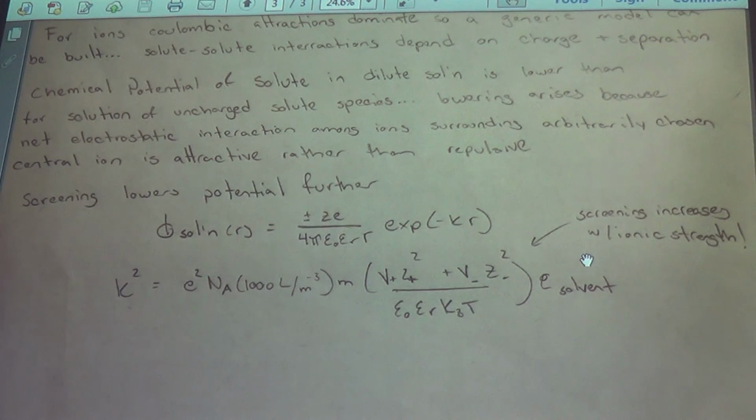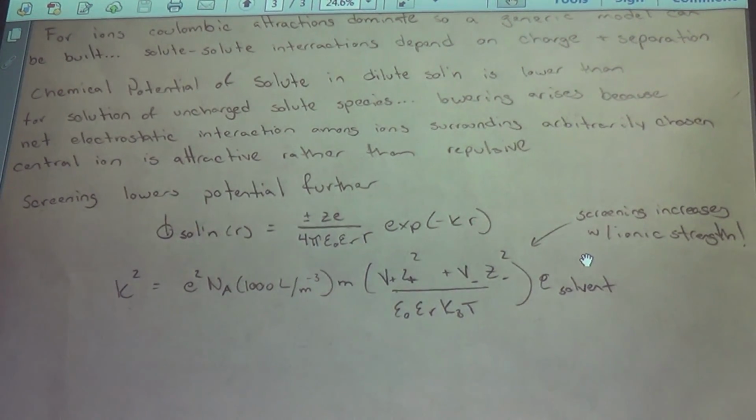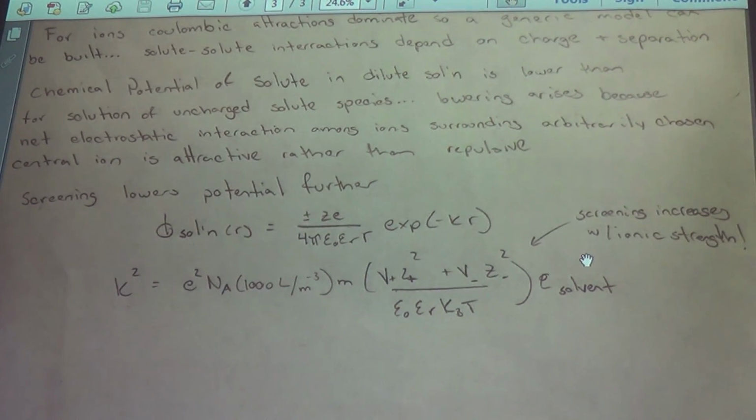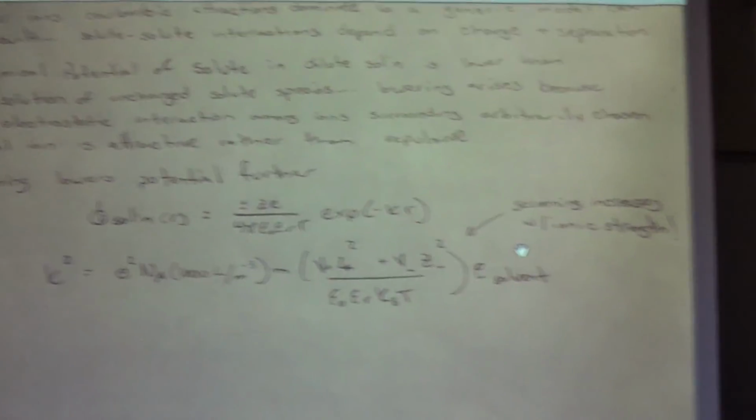The next one costs less energy. The chemical potential of that ion drops as the concentrations of ions in solution build. Then you reach a point that as you start trying to put more ions in solution, the chemical potential begins to rise again. So the chemical potential does something like this.